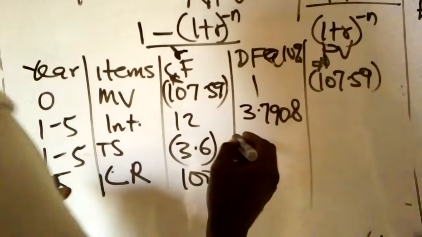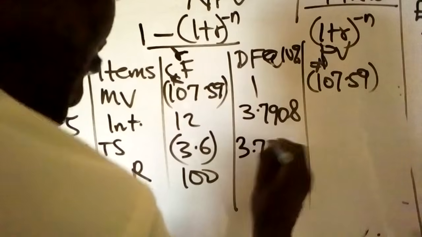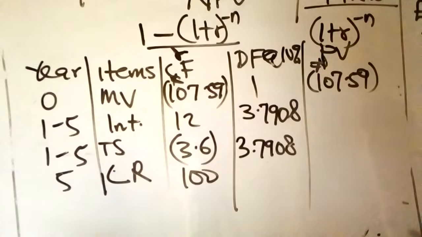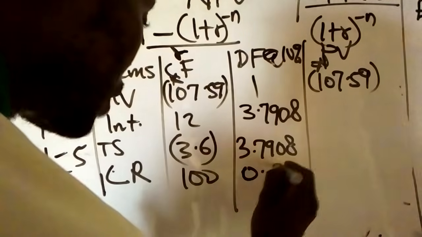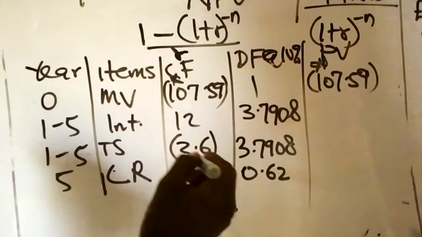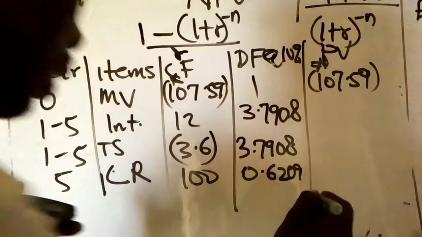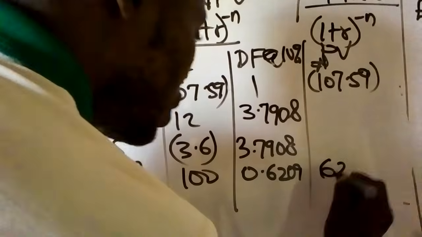Then this one will still be the same, 3.7908. We need that of year 5 alone for this: 1 divided by 1.1 to power 5, then this will be 0.6209. So the present value of this will be 62.09.